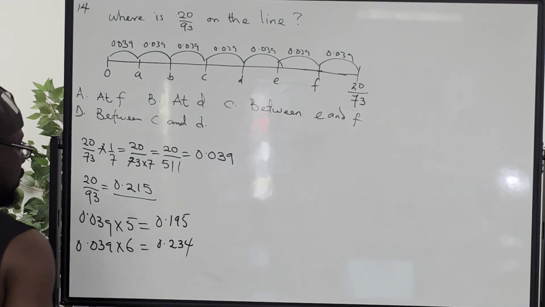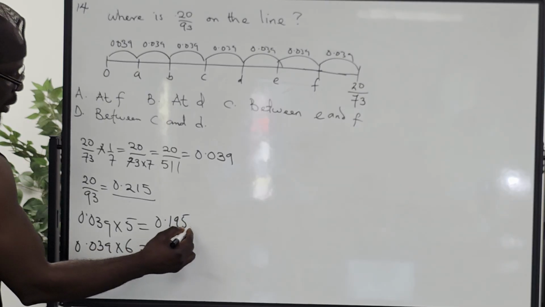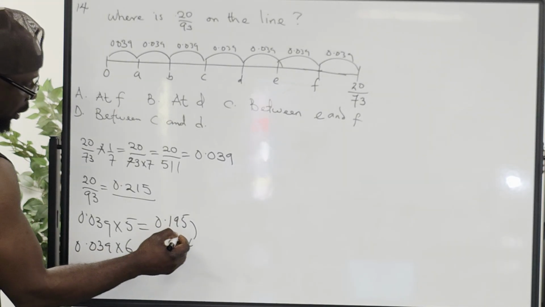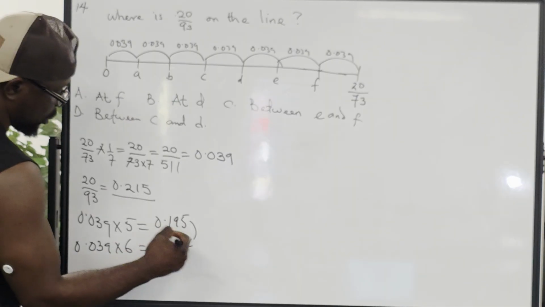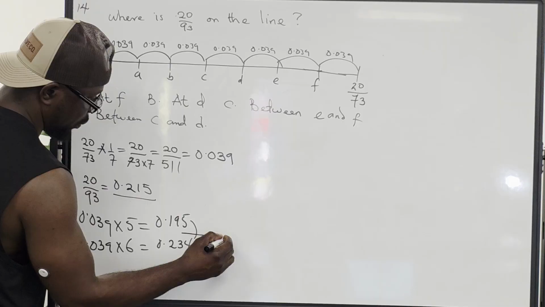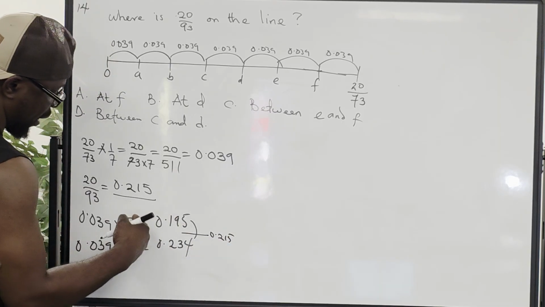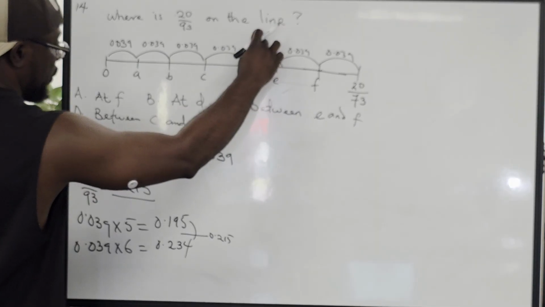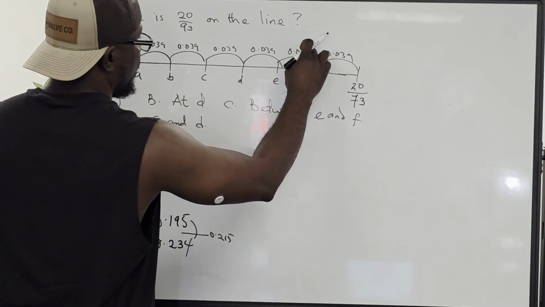So you see that between these two numbers, 0.195 and 0.234, you can find 0.215, somewhere around here. So we have this by 5, 1, 2, 3, 4, 5, right? And this is 6 right here.